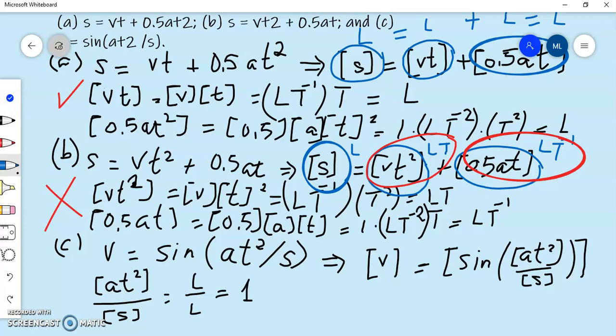So that's good. We have this thing to be 1, which is dimensionless. So that's a good check.